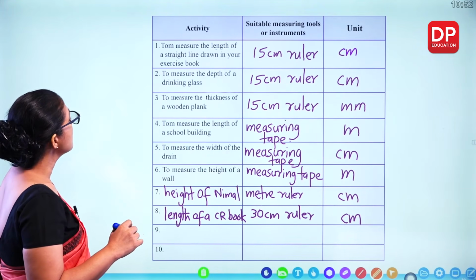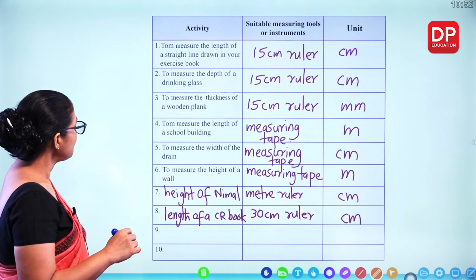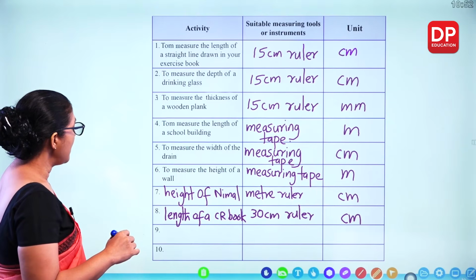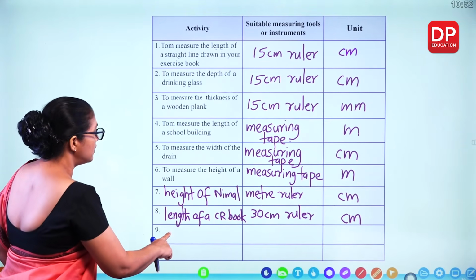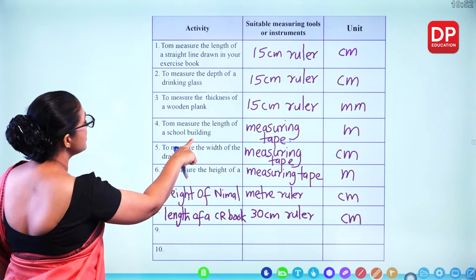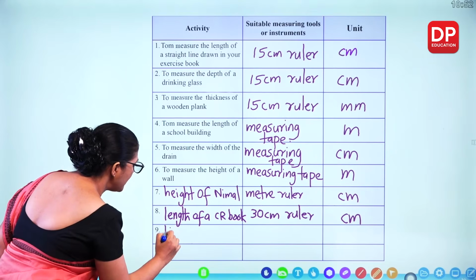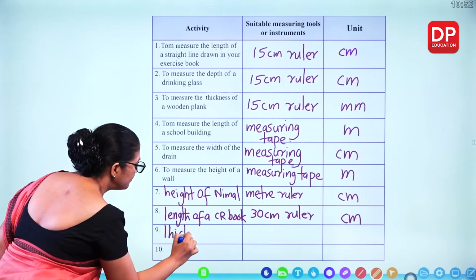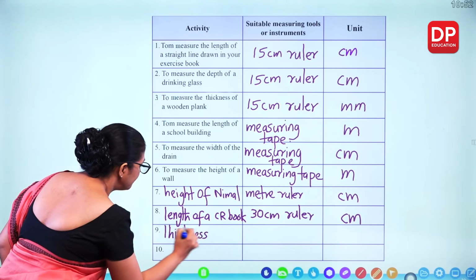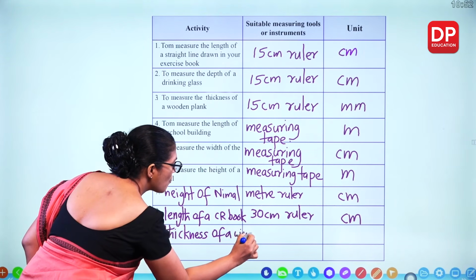Then what else? What are the other things you can measure? Height, length. So we did thickness. So thickness of a wire, very small.